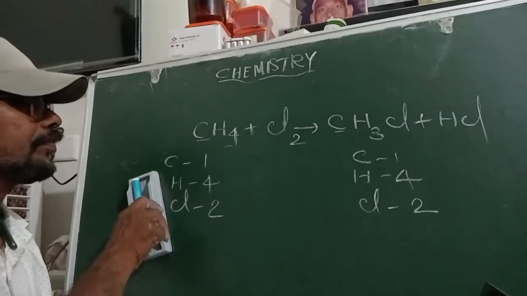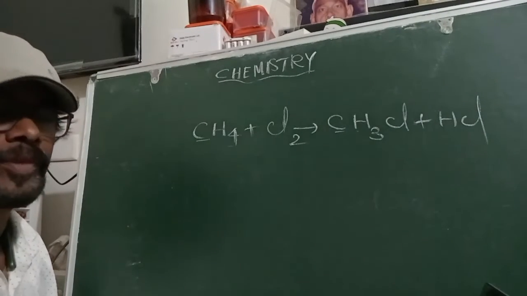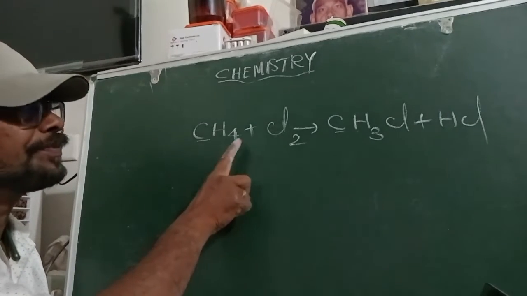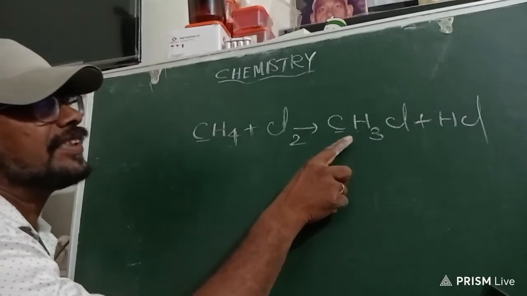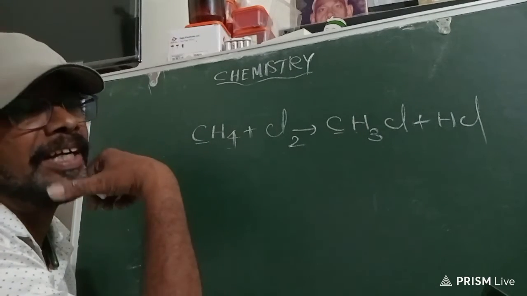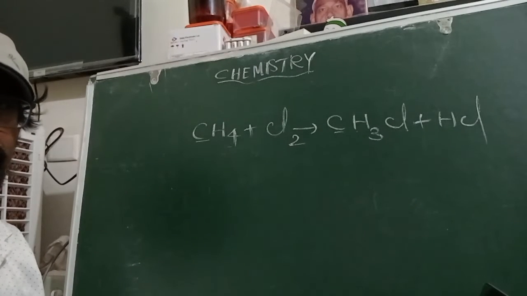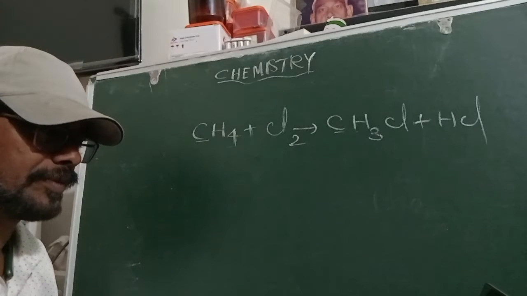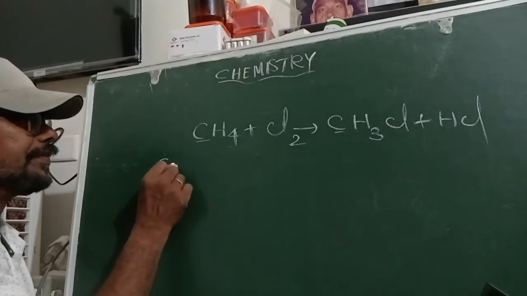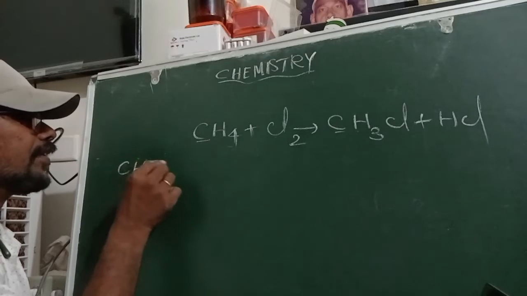Now, we have to calculate the molecular weights of methane, the chlorine molecule, and methyl chloride and hydrochloric acid. Carbon, okay, CH4 we have to carry.